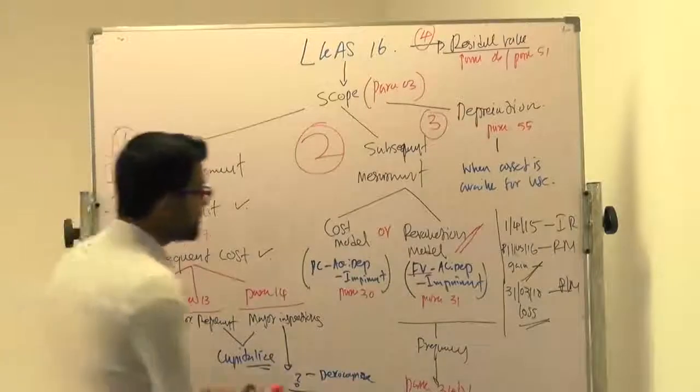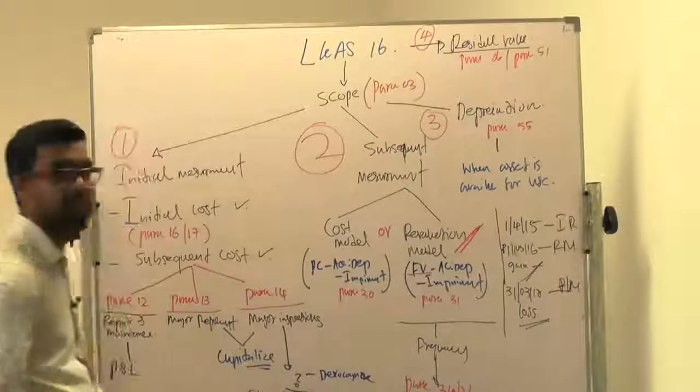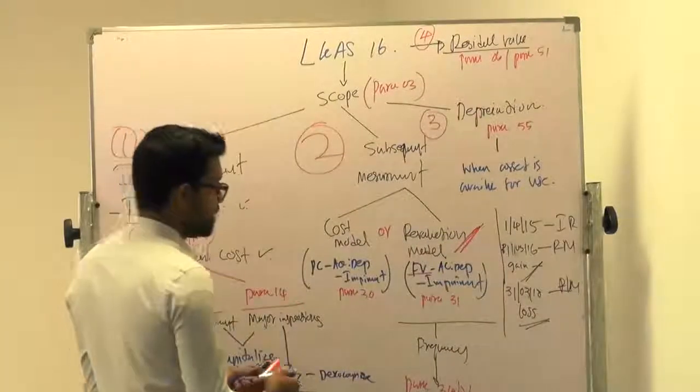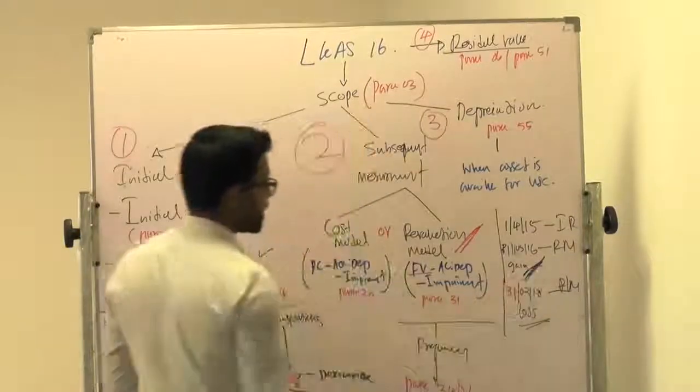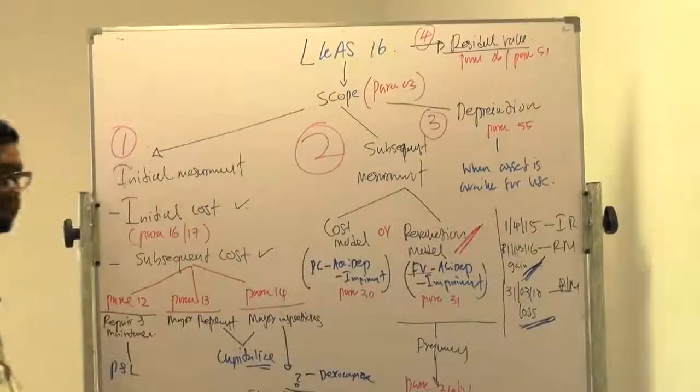The frequency of revaluation is explained in paragraphs 34 and 36. When you carry out revaluation, some years you may have a revaluation gain and some years a revaluation loss.